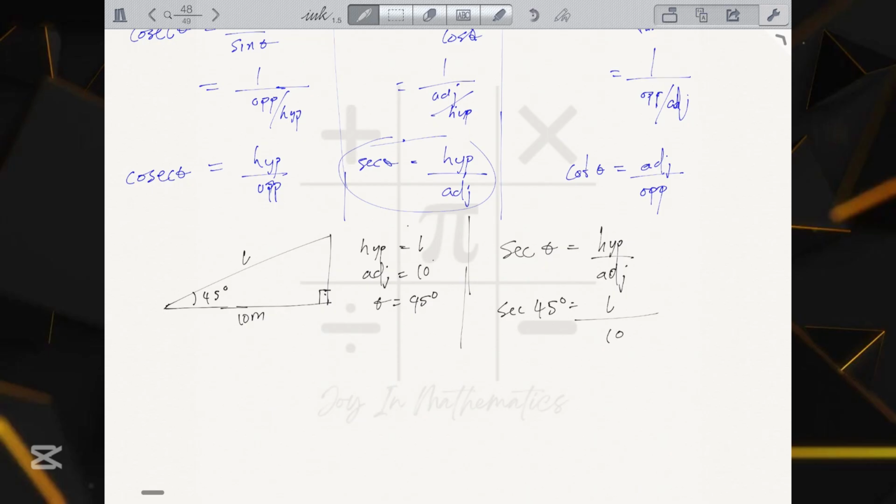Now the question is, what is sec 45 degrees? Sec 45 degrees is 1 over cos 45 degrees, which is equal to L all over 10.